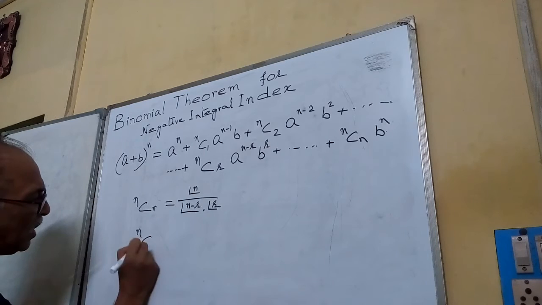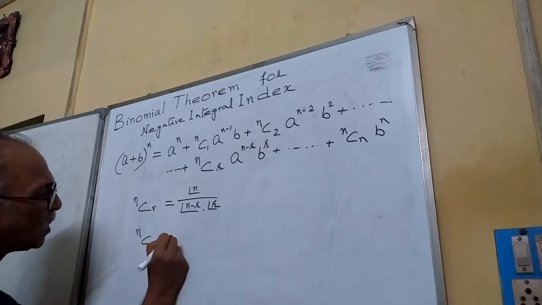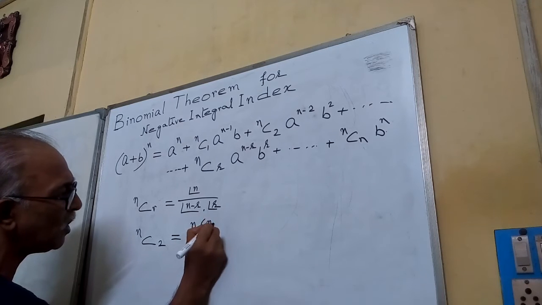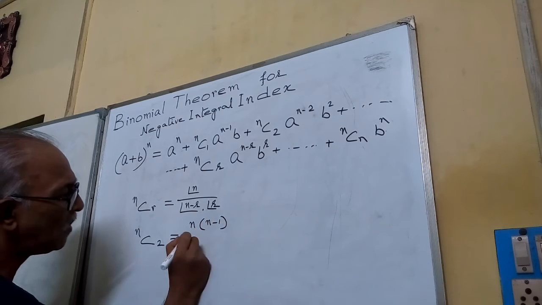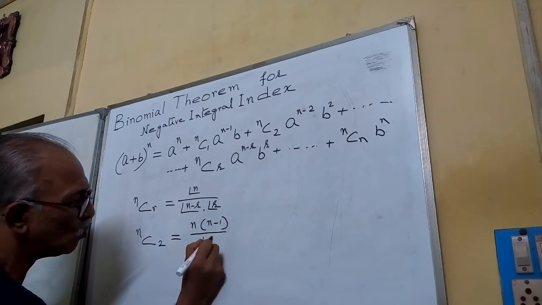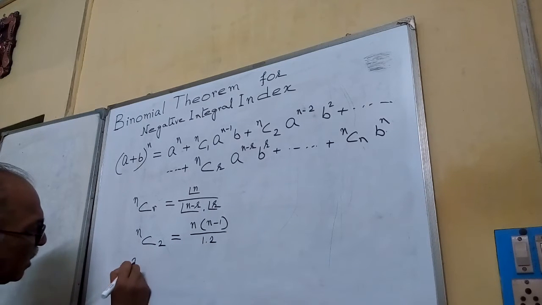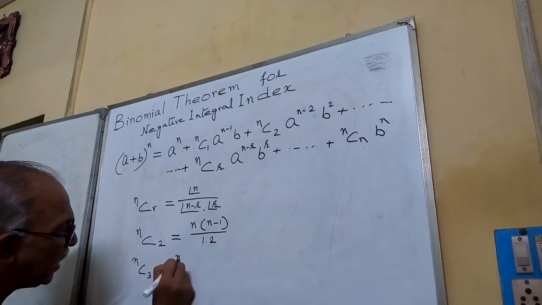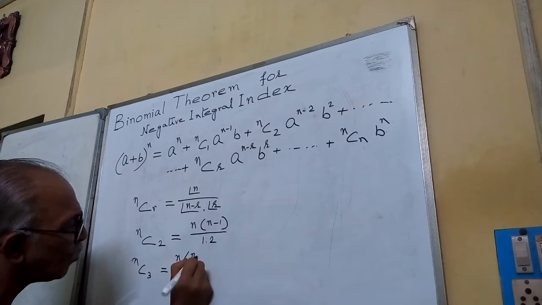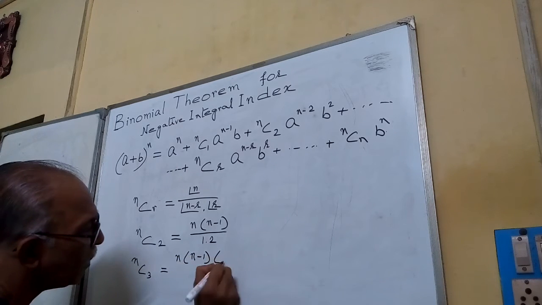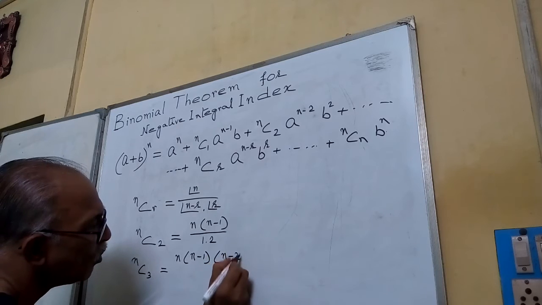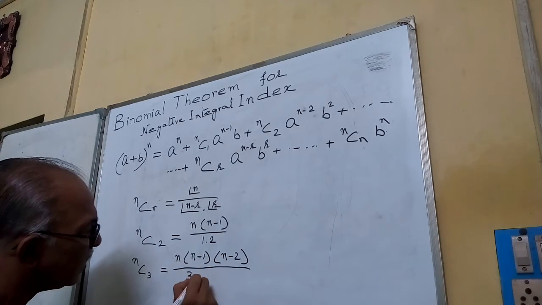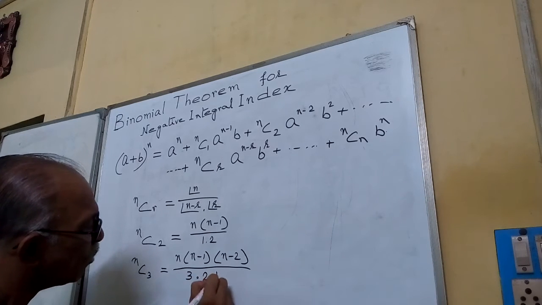Suppose NC2, we can write in this way, N into N minus 1 by 1 into 2. NC3 equals N into N minus 1 into N minus 2 by 3 into 2 into 1.